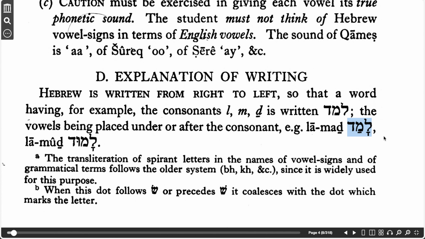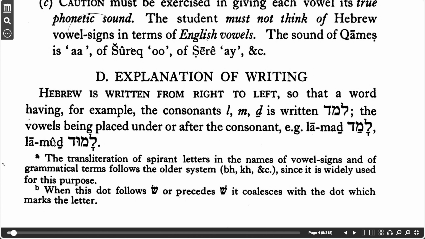So you learn to pronounce it like this: la-mud or la-mad, and this one is la-mud. Can you hear the syllable division in there? This is two syllables, la-mud. That's why you see a dash right there.